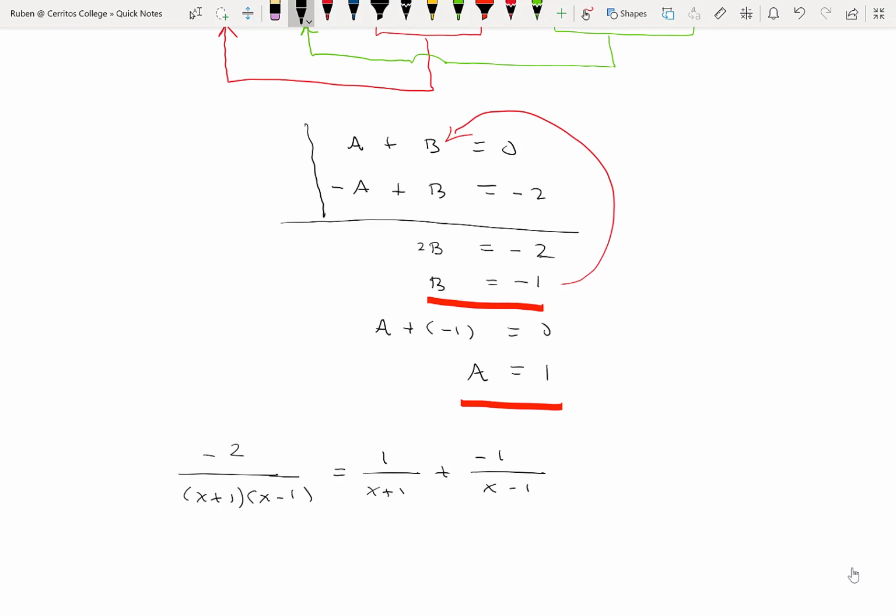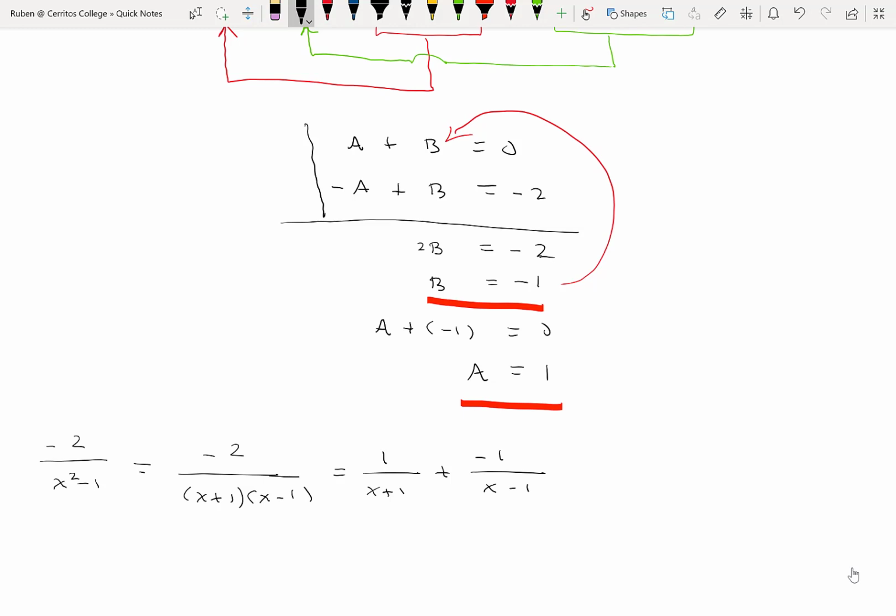So we've replaced the original, more complicated rational expression with the sum of simpler rational expressions, the partial fractions decomposition, which can be integrated very easily, and I did that about 10 minutes ago.